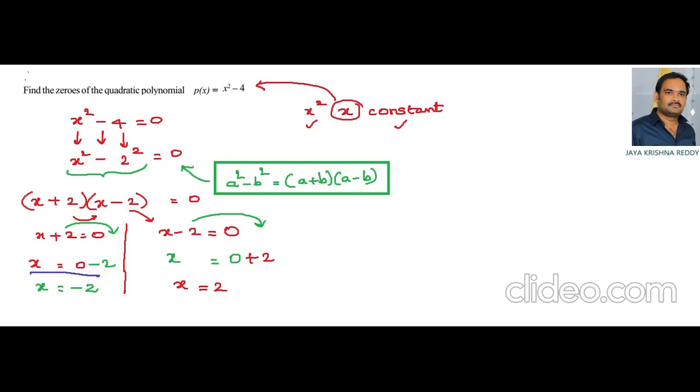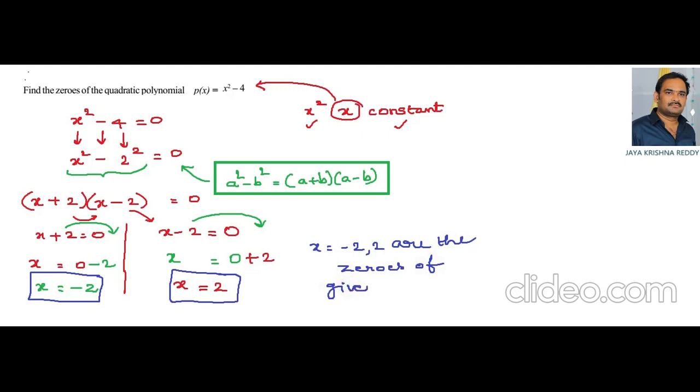So x equal to minus 2 and x equals to 2 means in the given polynomial, if you substitute minus 2, it will become 0, or you can substitute 2 in place of x, the polynomial value will become 0. So x equal to minus 2 comma 2 are the zeros of the given quadratic polynomial.